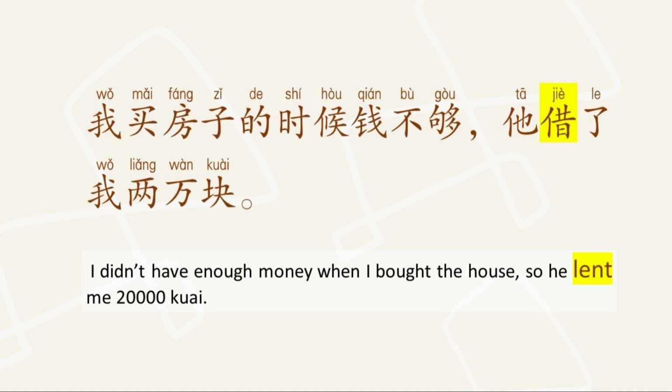I didn't have enough money when I bought the house, so he lent me 20,000 块. Okay, I know that there could be situations where you don't have any context to help you understand the meaning.